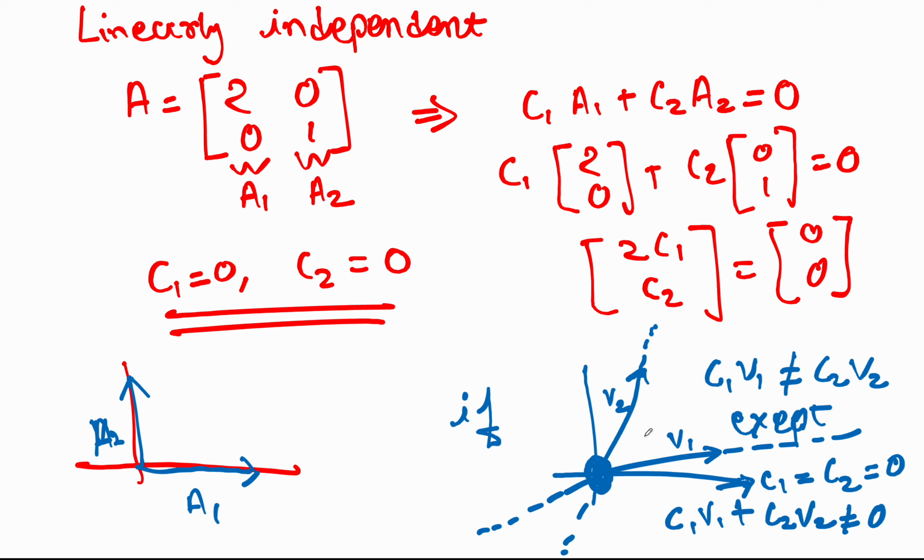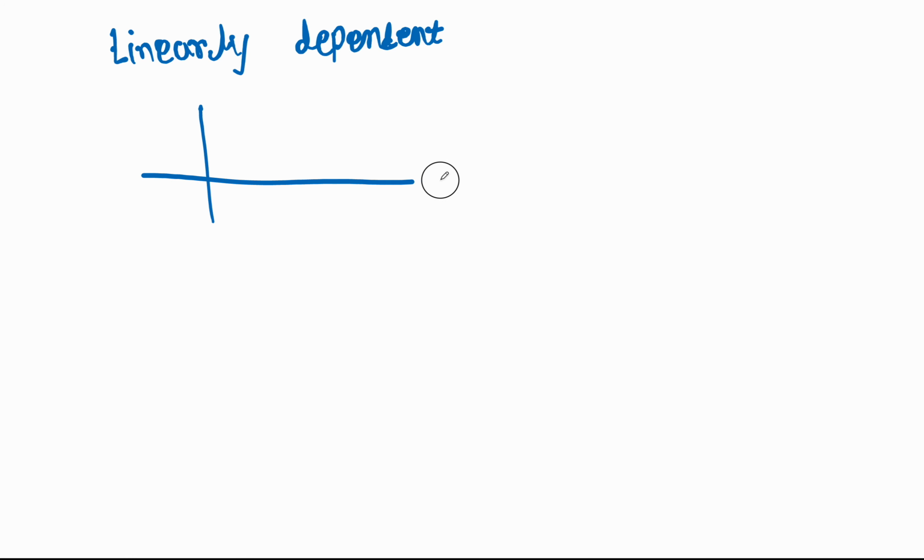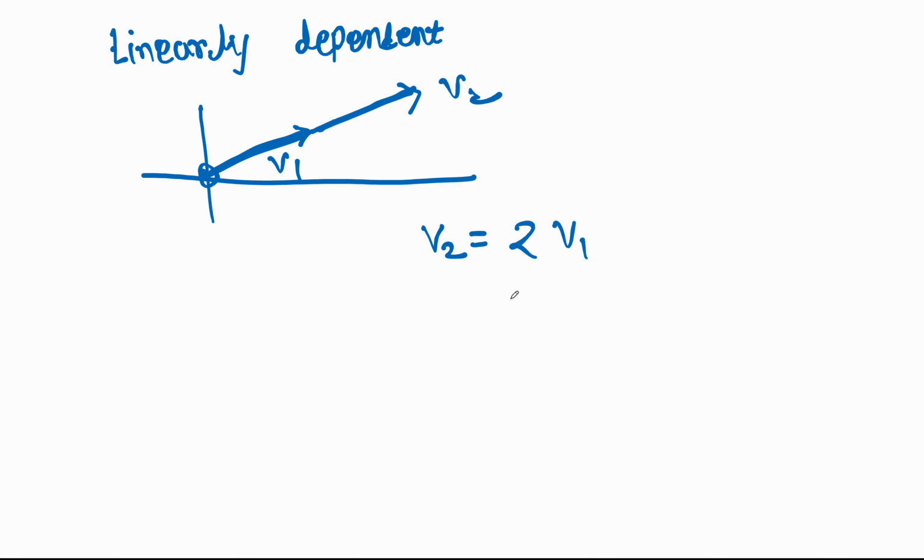So they are linearly independent, and if the vectors are collinear, they are linearly dependent. Let's say we have a vector v1, and another vector in the same direction, v2. We can see that v2 is equal to 2 times v1, or some constant times v1.